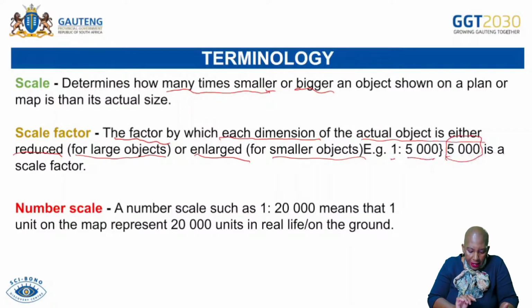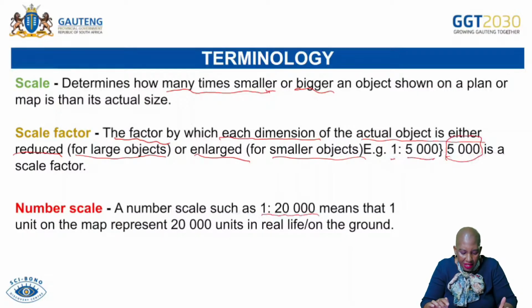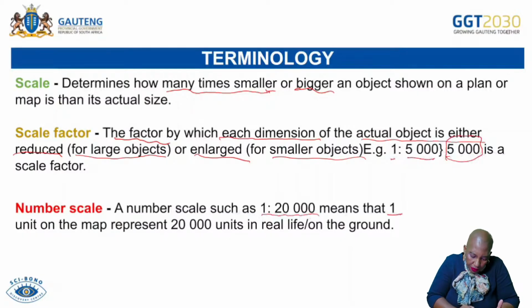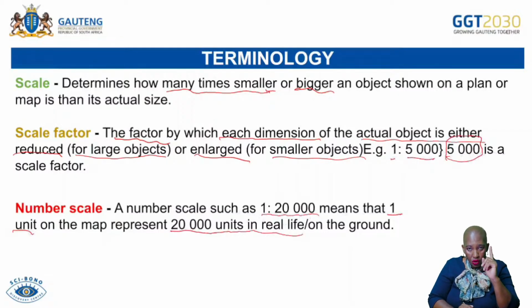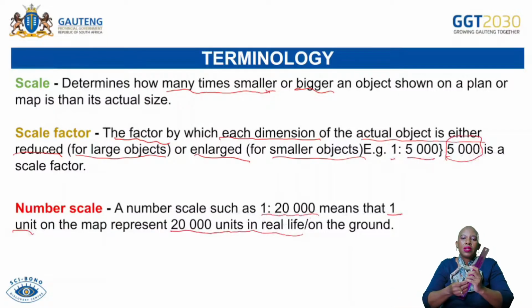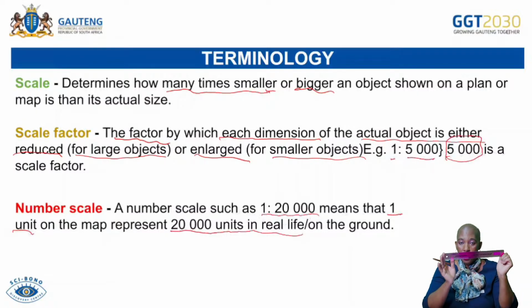Then the number scale. A number scale such as 1 is to 20,000 means that 1 unit on the map represents 20,000 units in real life or on the ground. When they measure, you have a ruler with you.